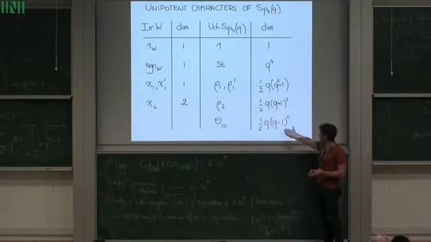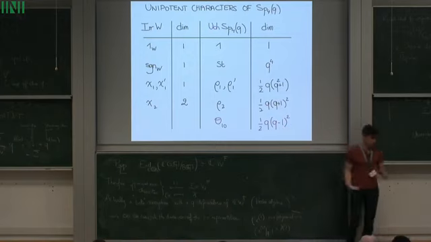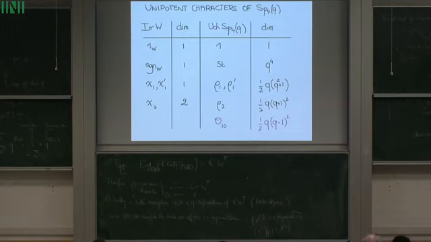Okay, and you can recognize it here. That's not principal series. If you put Q equals 1 in the degree, you get 0. So that cannot come from a zero-dimensional representation of the Lie group somehow. So you need more involved tools to explain its existence here.